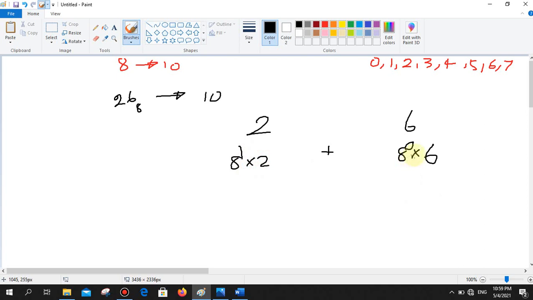Here 8 to the power of 0 into 6 is 6, plus 8 to the power of 1 into 2 is 16. After we add these two numbers the sum will be 22 in base 10. I think you got the idea how to convert this.